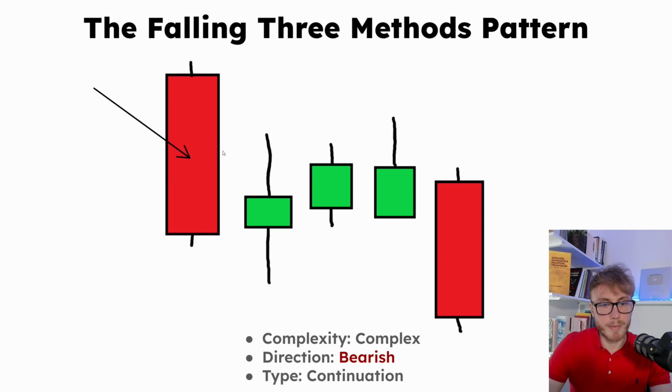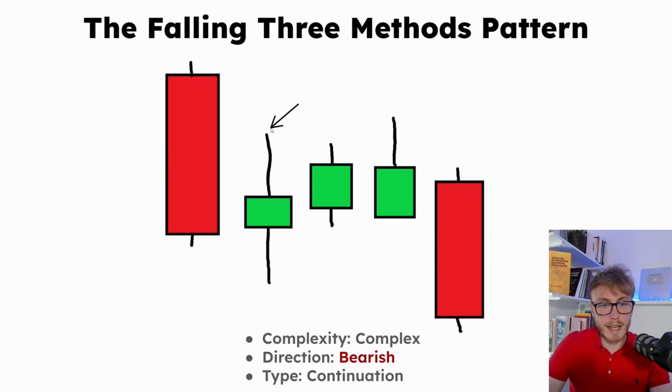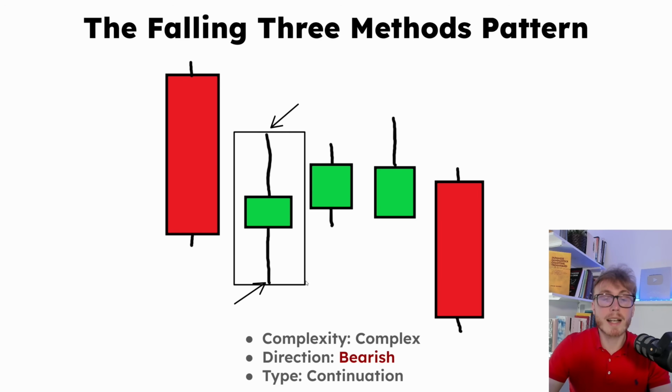After the first candle, we're looking out for 3 small candles that go in the opposite direction, or in other words, a pullback. These candles can also have wicks. For example, this candle right here has pretty large wicks. To be specific, this is actually a spinning top candle, and we will talk more about spinning tops and why they are important later on in this video.